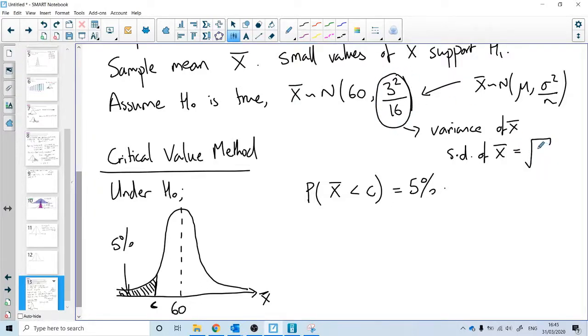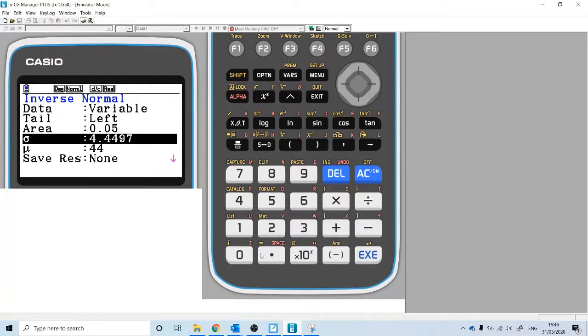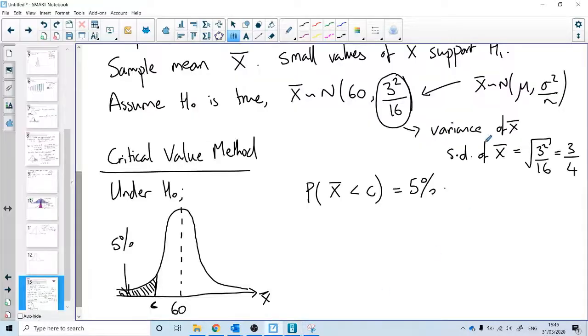So it's the square root of 3 squared over 16. If we square root the top we get 3, square root the bottom and get 4. It's really important that you put the square root of the variance into your calculator. So we're going to put 3 over 4, 0.75, as our standard deviation, and if H0 is true, the mean of x bar is 60.